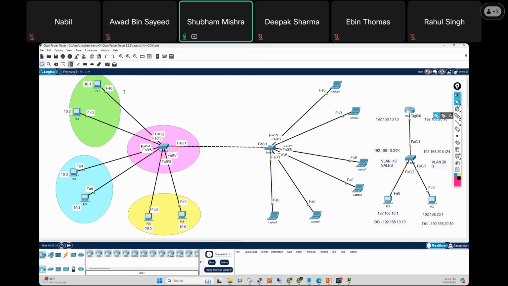We are going to configure, guys, VLAN number 10, VLAN number 20, and VLAN number 30. Clear? Again, VLAN number 10, VLAN number 20. Did you guys create this topology in your Packet Tracer?